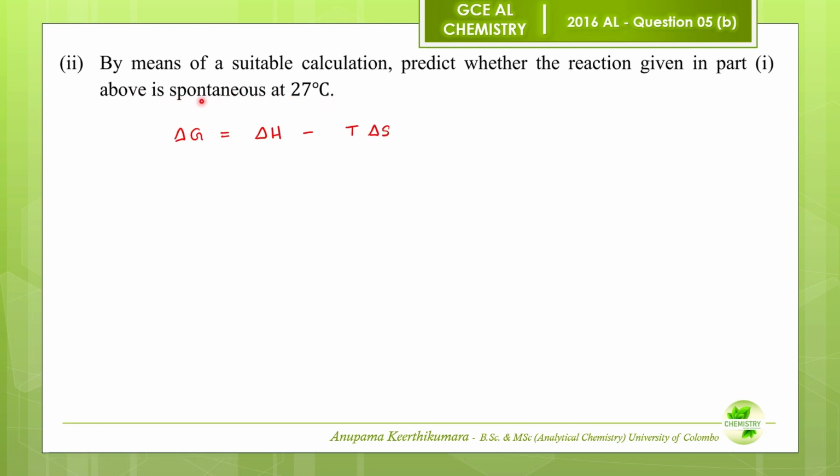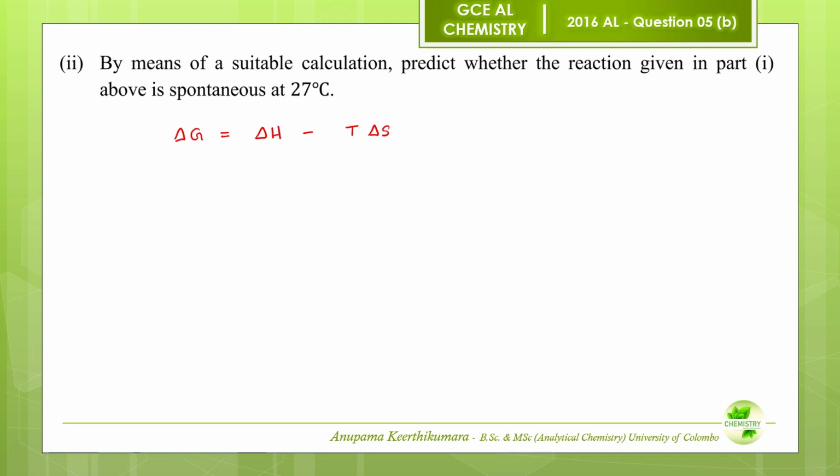Spontaneity of a given equation is determined by the sign of delta G. Therefore, we need to calculate the value of delta G. To do that, we need to use the equation delta G equals delta H minus T delta S. Please do not use the standard symbols because this reaction is carried out at 27 degrees Celsius, and this is not the standard condition. You won't get marks if you use these standard symbols.